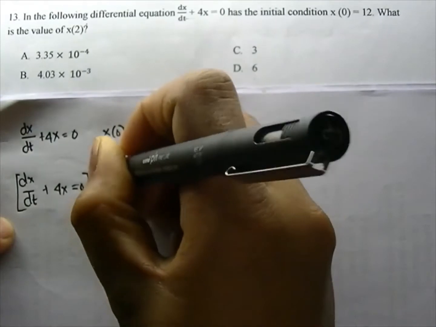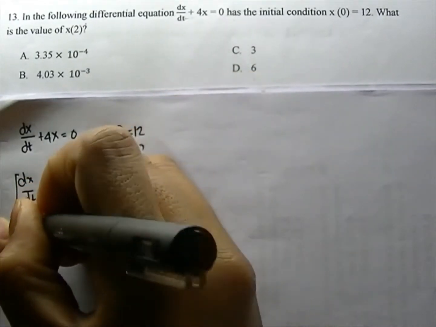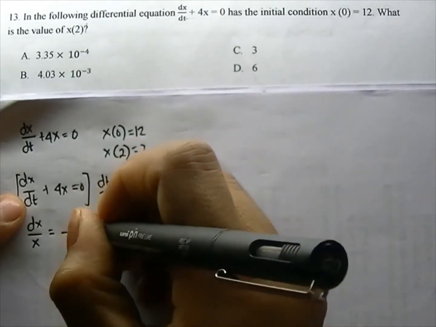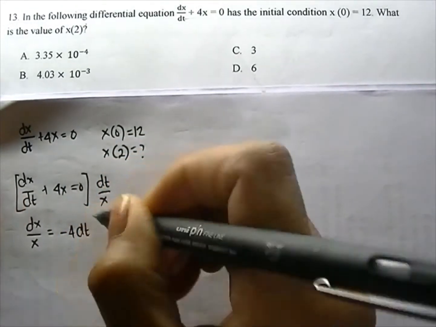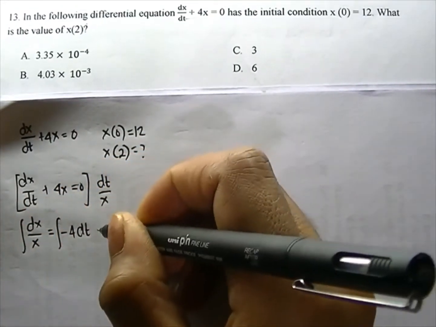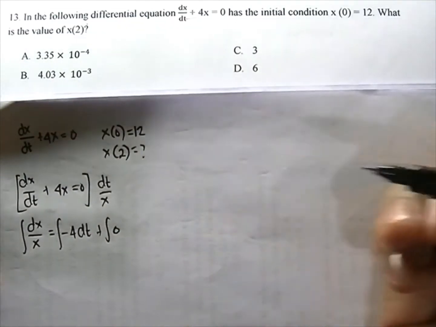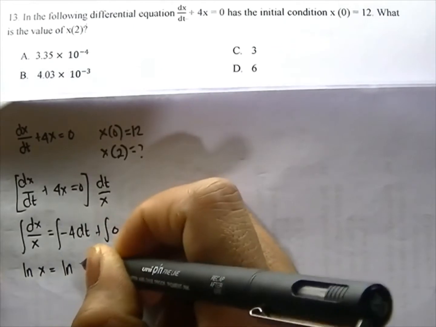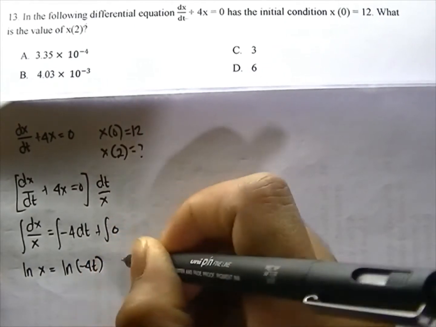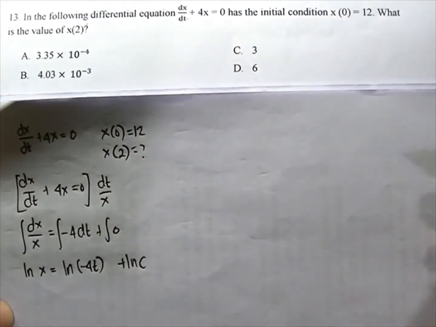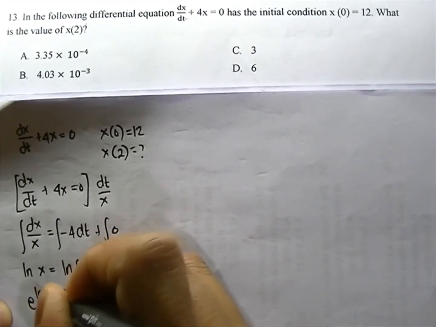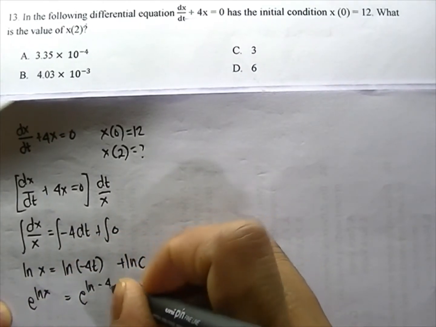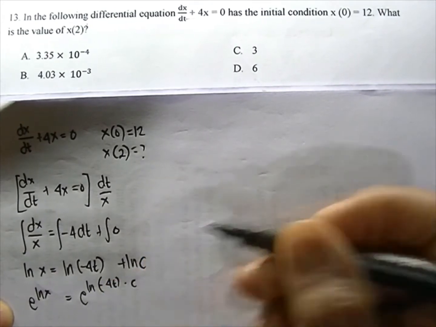Multiply both sides by dt over x so that dx over x equals, transposing, negative 4 dt. Integrate. So we have ln of x equals negative 4t plus ln of c. So e raised to ln of x equals e raised to negative 4t times c.